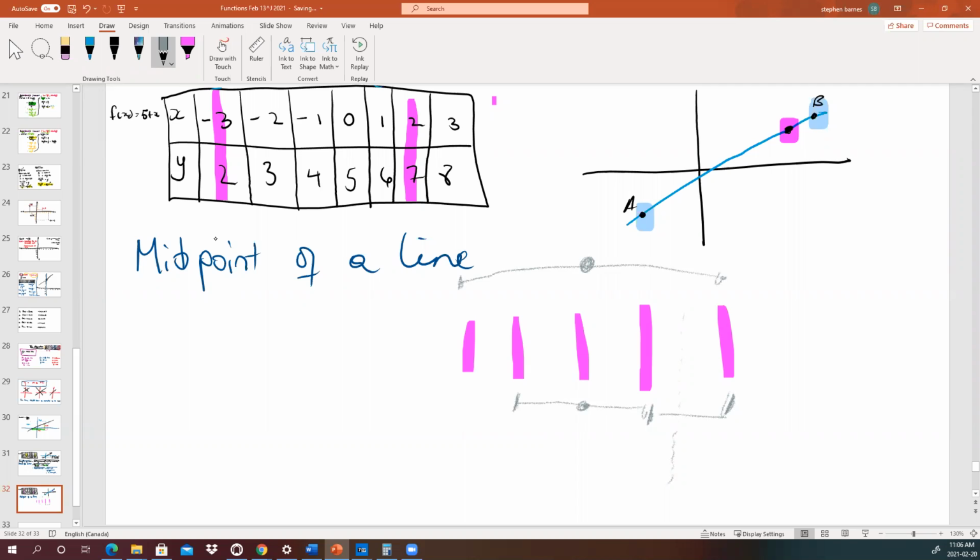Everybody following me? So I want you to get the picture that unlike when we did the gradient, where the gradient is always the same depending on whatever point you use, it's not the same with your midpoint and your distance between 2 points. Why?